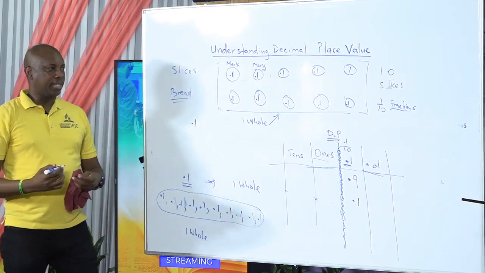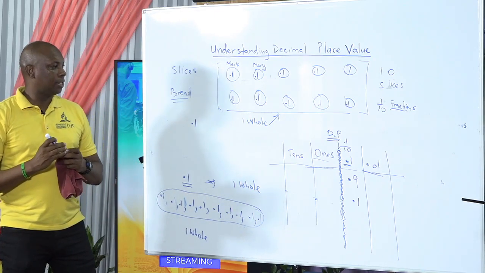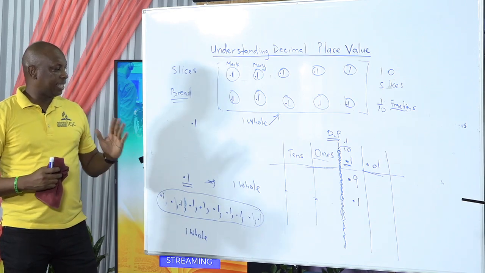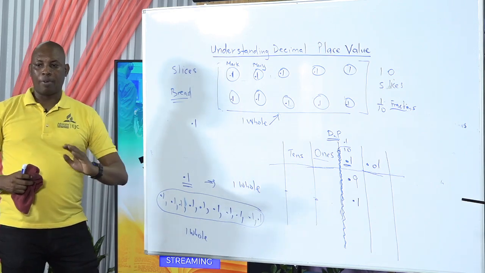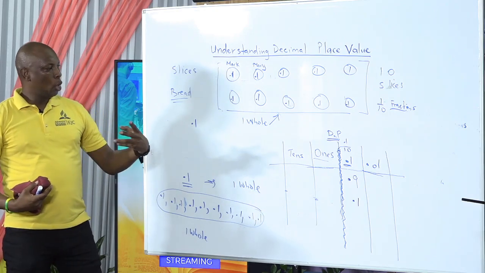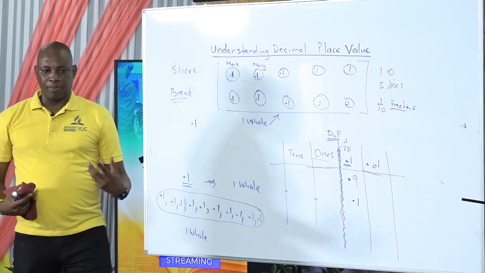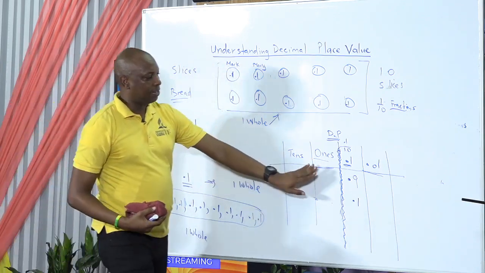So remember that in order to identify decimal numbers, we must have our decimal point. Our decimal points make us know that we are using decimal numbers and that we are looking at values which are less than 1.